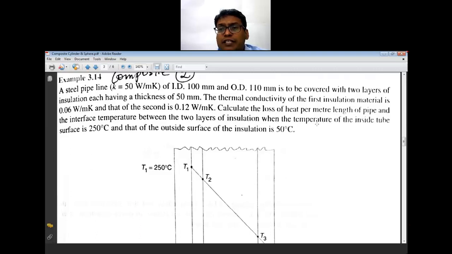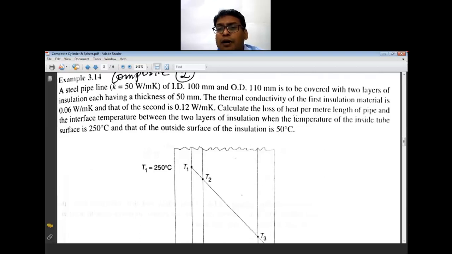When the temperature of the inside tube surface is 250 degrees Celsius and that of the outside is 50 degrees Celsius. So you know the inner temperature, the outer temperature, the radius, and the thermal conductivity. You have to calculate this temperature T2, that is nothing but your interface temperature.